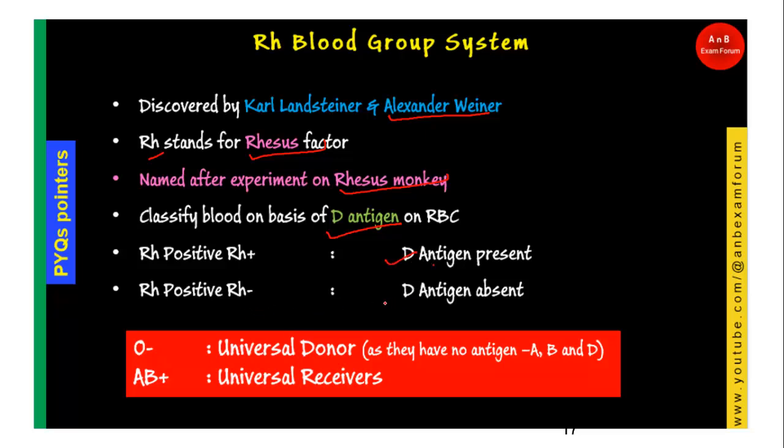If Rh negative, the D antigen is absent. We have seen that O has neither antigen A nor B, along with D. As they have no antigen A, B and D, they are universal donors, and AB positive is the universal receiver.